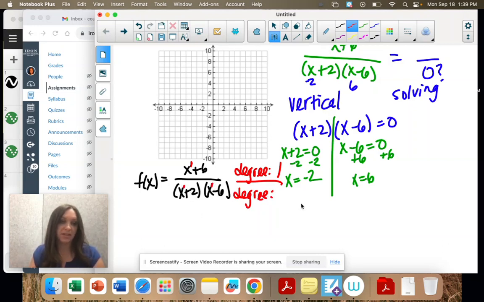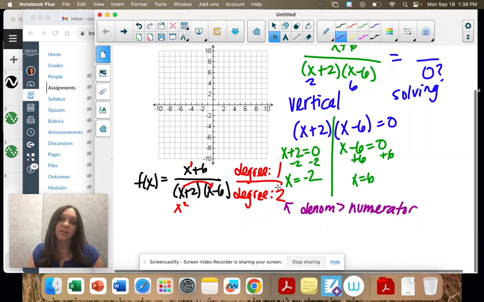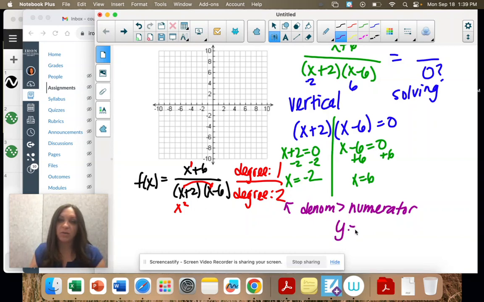So we have 2 x's of 1 degree. That makes the degree 2. If we were to multiply these, it would be x squared. That's our degree. So when the degree of the denominator is larger than the numerator, that means that the asymptote is y equals 0 every time.